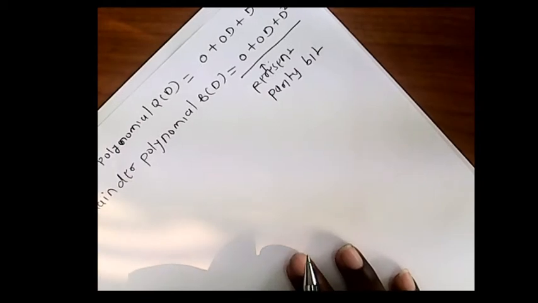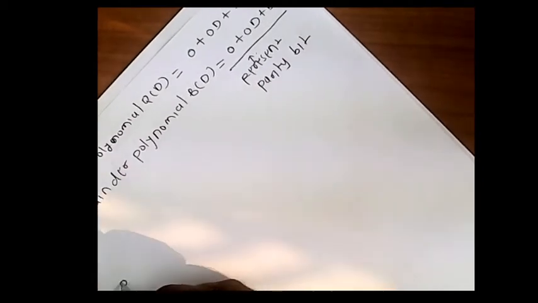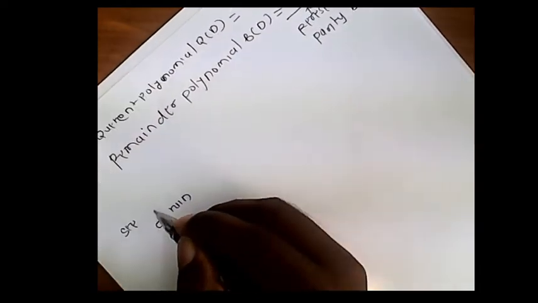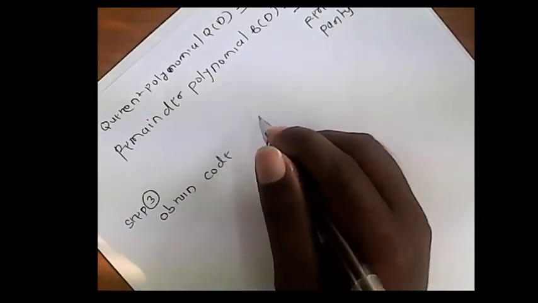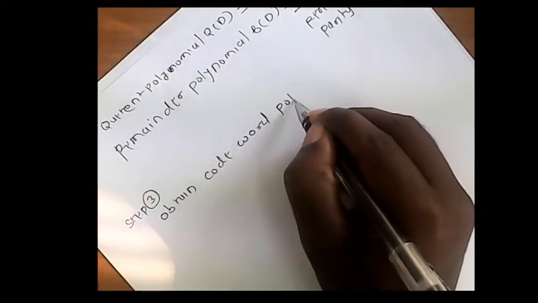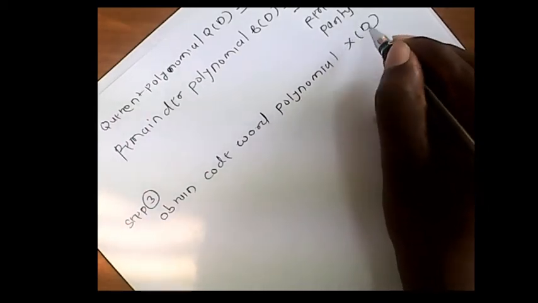Now step 3: to obtain the code word polynomial, that is x of d.